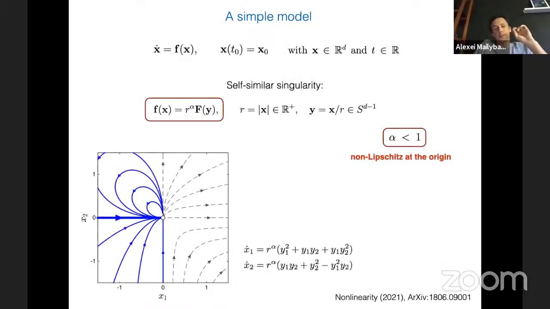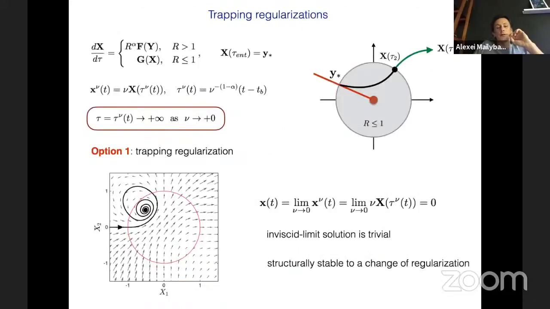So you stay there. And it's clear that this situation is robust, because if you slightly change the regularization, this function g inside the ball, the attractors usually have the property of being robust.